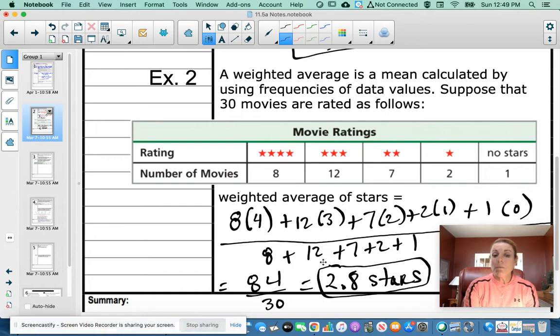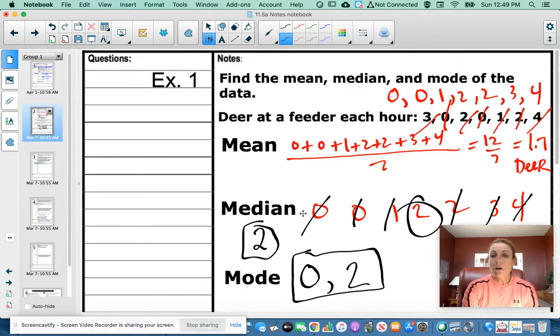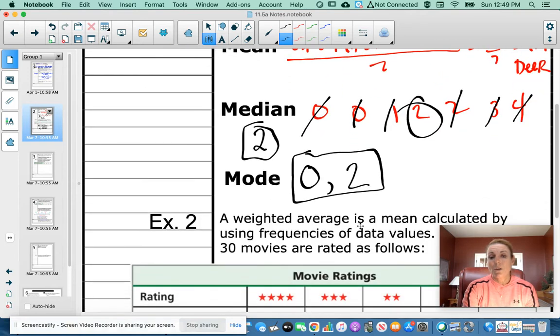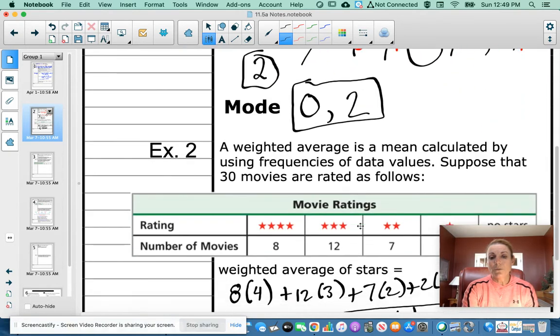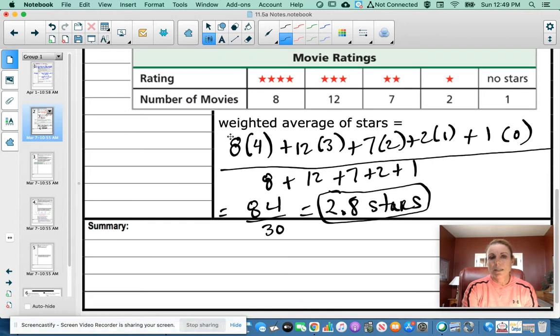That's also a mean, but instead of just adding them all together and dividing by the number, we have to weight each of the movies by their rating and then divide by the number of movies.